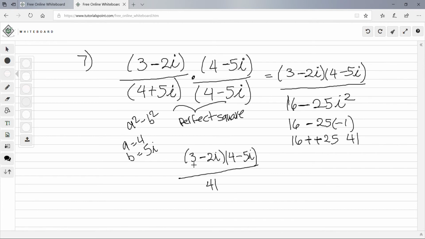So we agreed that there's no special rule for this. It's not the difference of squares, it's not the perfect square trinomial, right? So in that case we just have to do simple FOILing. 3 times 4 is 12. 3 times negative 5i is negative 15i.